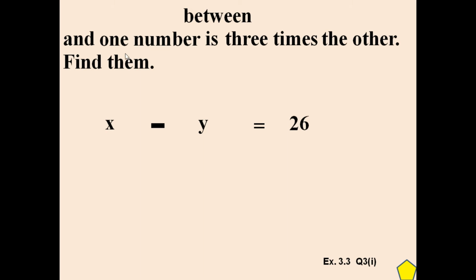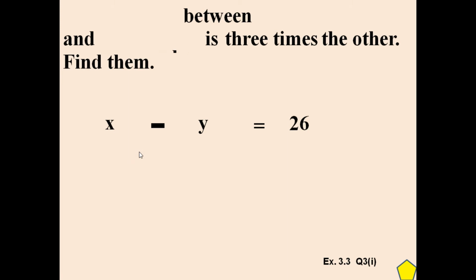Then the second statement of the word problem: one number is three times the other. Since the difference is given and one number is three times the other, this one number is supposed to be the bigger number. And since the difference is positive, the bigger number is x.